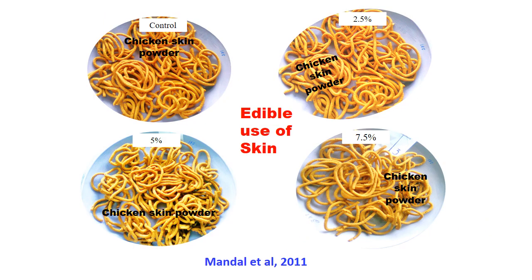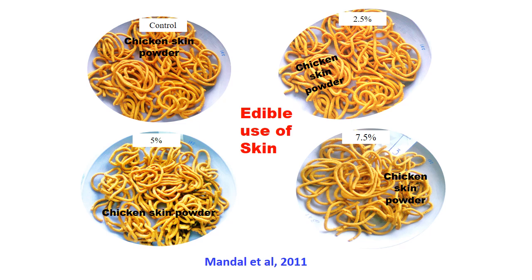Here we can see use of skin in a snack. In southern India especially, it is popular, that is called murukku, where cereal powders like rice powder along with some pulses powder, a batter is prepared and then it is extruded through a manually operated extruder and fried in oil to get a very special snack. Now in these snacks in our laboratory we have done a small work by adding skin powder.